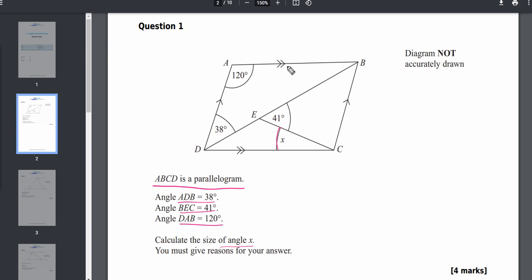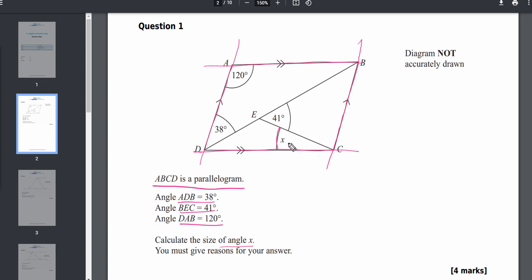This is a parallelogram in which these two lines are parallel and these two lines are parallel. I'm just extending it so we can get the correct angle in a better way.